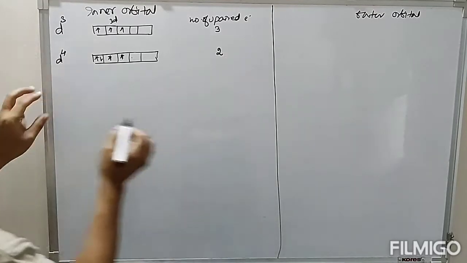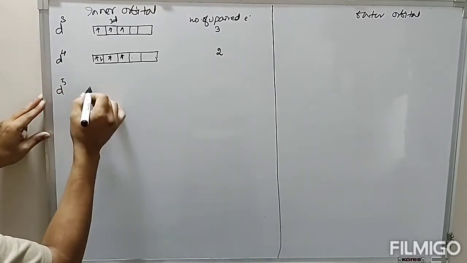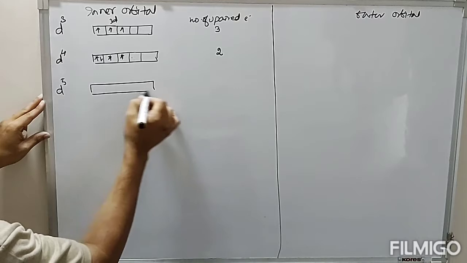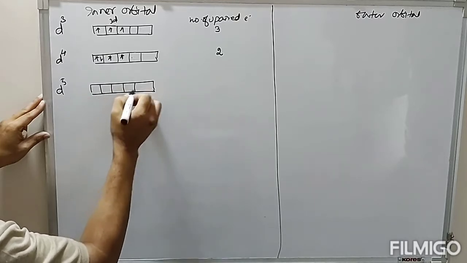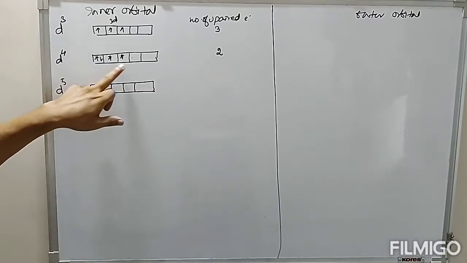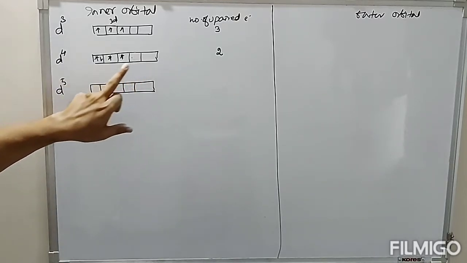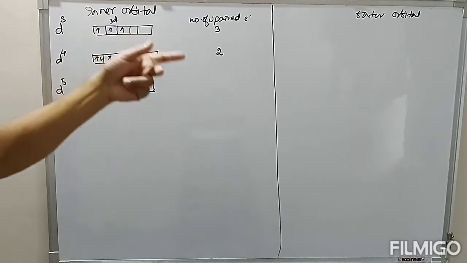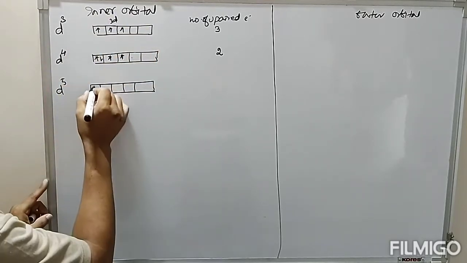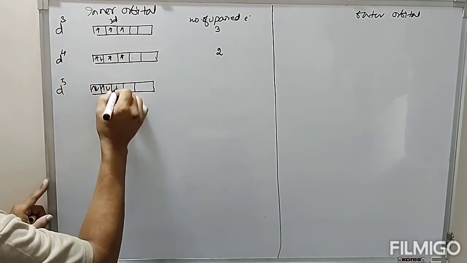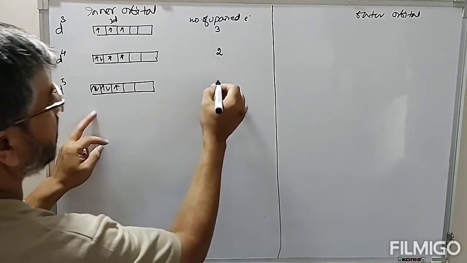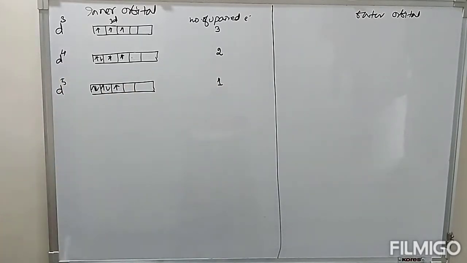D5: in d4 we have 2, in d5 we have one more electron, so the second electron will be forcefully paired up here, and the number of unpaired electrons is 1.